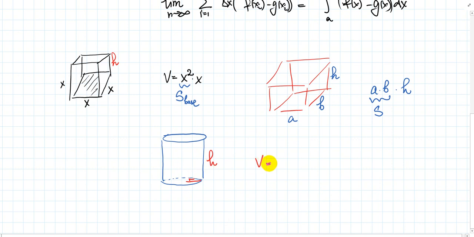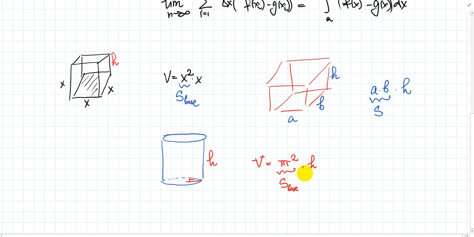Finding the volume is the same idea. In order to find the volume, first of all, I need to find the area of the base and multiply this by h. What is the area of the base? This is pi r squared, right? And multiply this by h. Do you understand this? So for all of these cases, finding the volume was the same, right? I figure out the area of the base and multiply this by h for all of the cases.